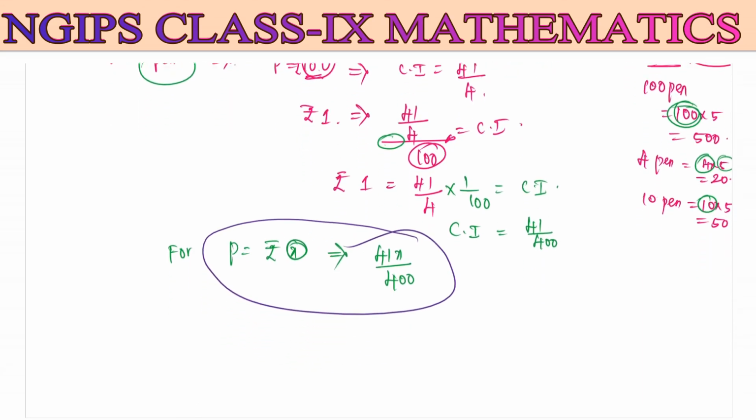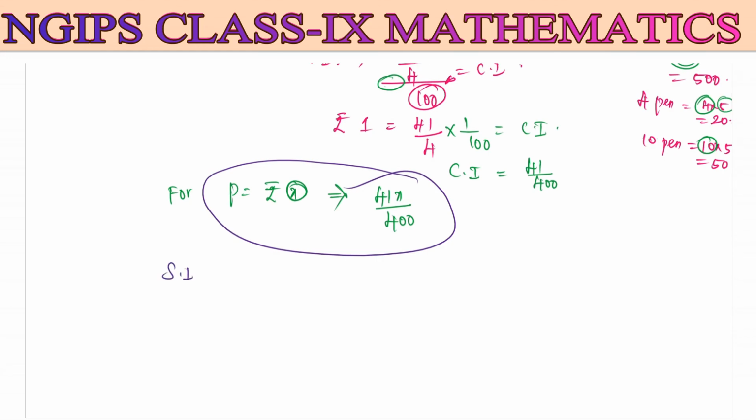Same way, we are going to calculate for simple interest. When the principal is 100 rupees, we got the simple interest as 10 rupees. Now we need to calculate for 1 rupee. For 1 rupee, we got 10 divided by 100. Now we calculate for x rupees, because we don't know the principal, I am going to take it as x.